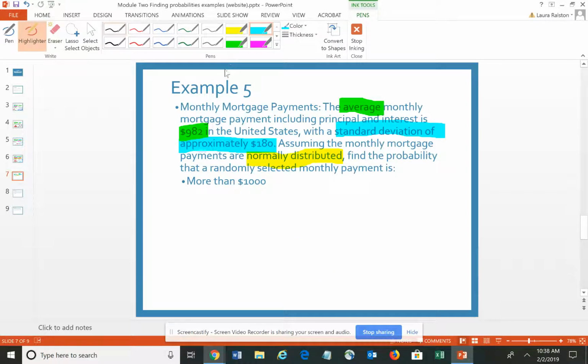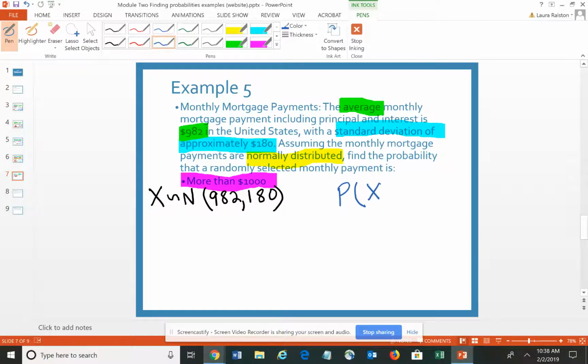So writing that in our shorthand notation, X is approximately normal with a mean of 982 and a standard deviation of 180. And then it asks us to find the probability that a payment is more than 1,000. So the probability that X is more than 1,000.